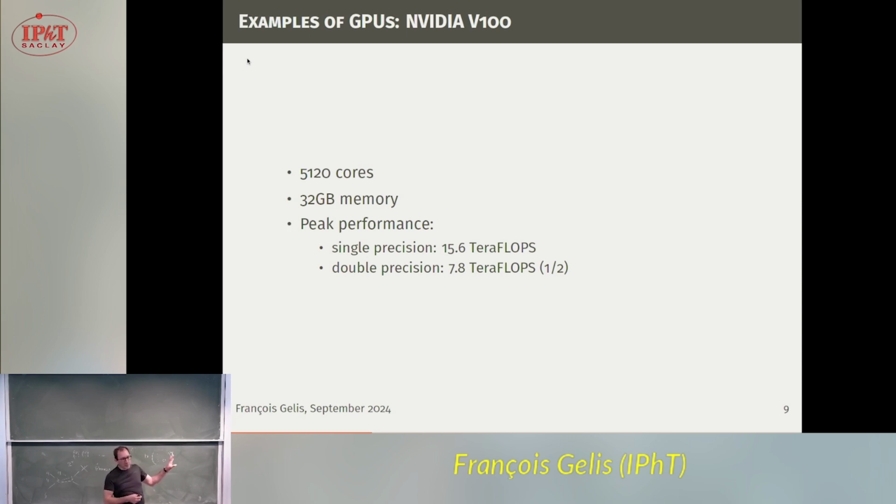So these are, of course, not the same kind of GPUs. They are GPUs that are not meant for computer games. They are really meant as computing devices, and their price is not the same as well.